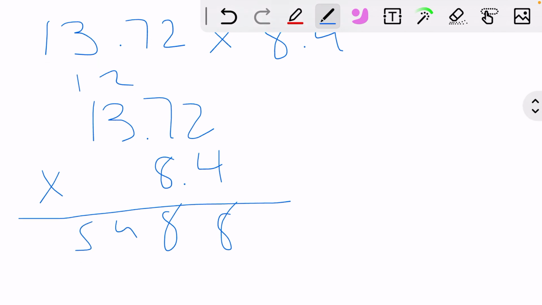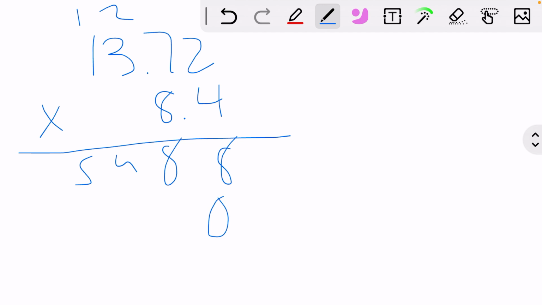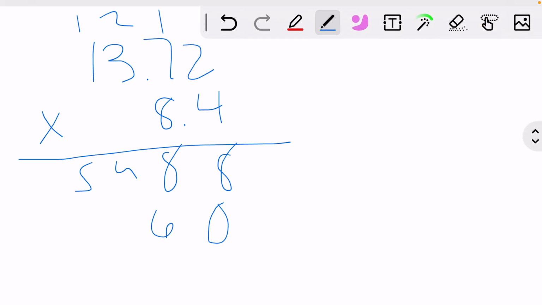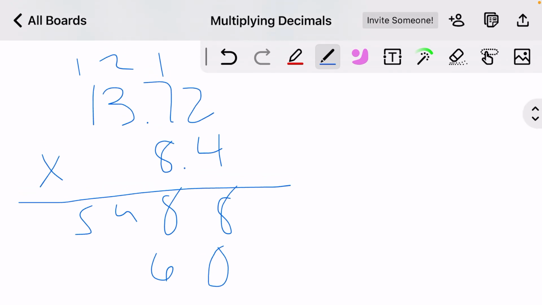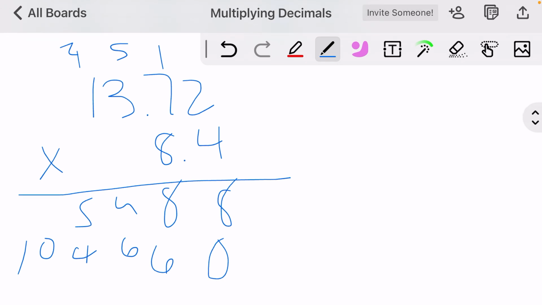It's going to be 5, and put our 0 right here. 8 times 2 is 16. 8 times 7 is 56, plus 5 up here. 8 times 3 is 24. 8 times 1 is 8, and then plus 2 is 10.